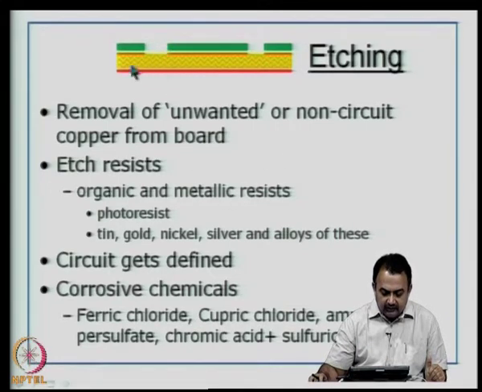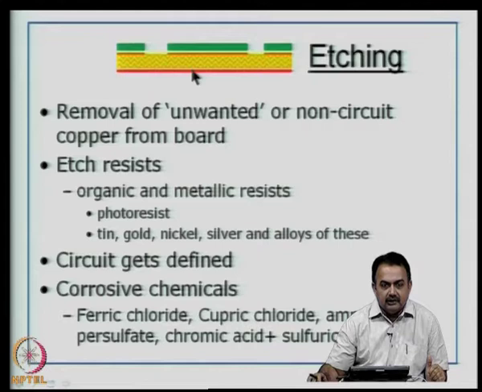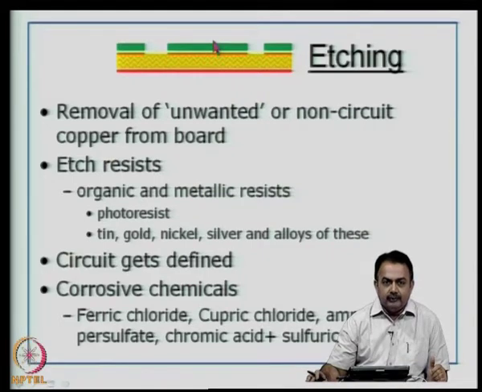So, you can see here in this figure at the top, the red lines are the copper areas. So, that means this is a typical double sided copper structure. On the top, imaging has been done using, let us say, a dry film photoresist material, and then it has been developed, opened, and then you can see some areas of copper have been etched out.